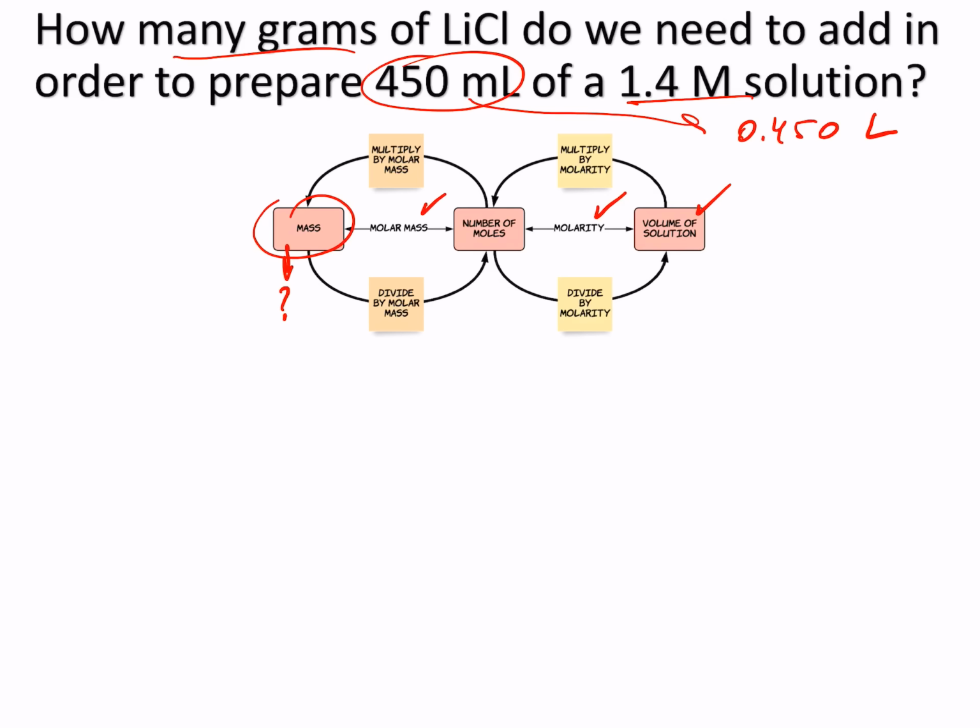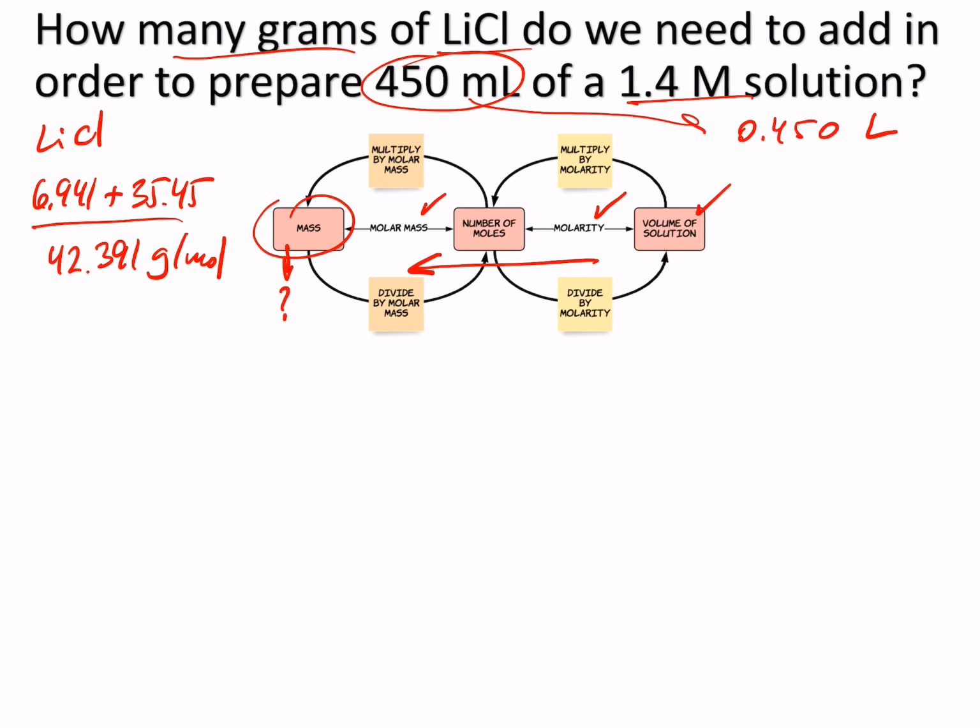We actually have the molar mass because we had the formula. It's lithium chloride, and for lithium chloride that's going to be 6.941 plus 35.45, which adds up to 42.391 grams per mole.